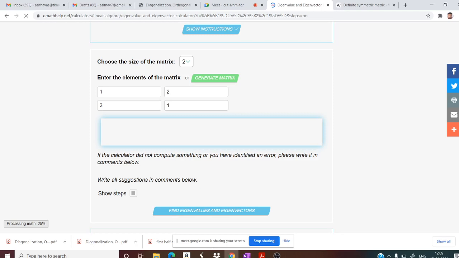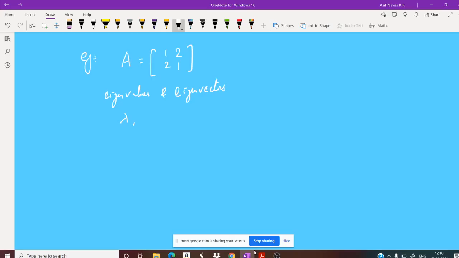So I will write here: eigenvalues are lambda equal to 3, -1, and corresponding eigenvectors are 1, 1 and -1, 1.